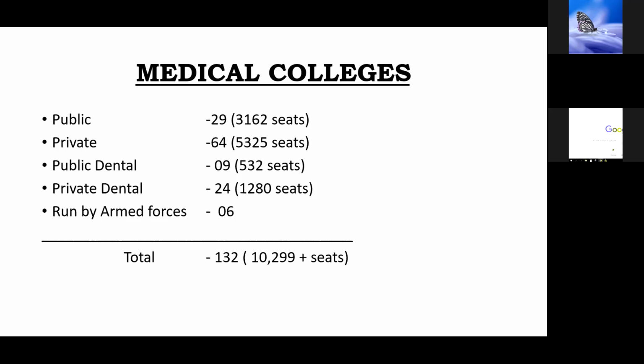There are 6 of them, and I couldn't get the exact number of seats for those. In total you can see 132 medical colleges and 10,299 plus seats. If you want to become a doctor, you just need to grab one of them. It's very much possible. All you need is proper preparation and planning.